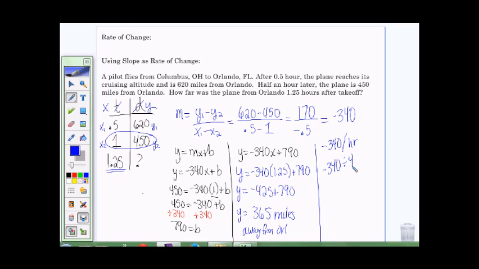So I take that 340 and I divide it by 4, and I'm going to get a negative 85 per quarter hour. So that tells me how far I go every quarter of an hour. So then I have 1.25. So that's how many quarters of an hour? 5, right? So negative 85 times 5.